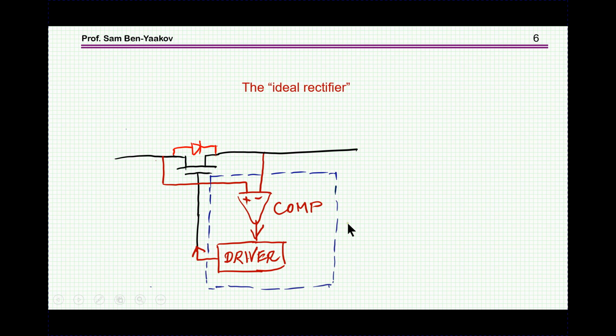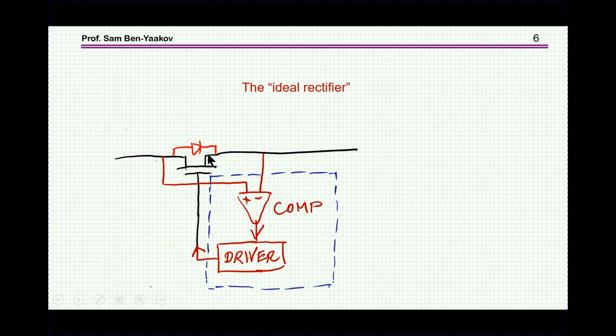The idea of the ideal rectifier is very similar to the synchronous rectifier, except that it does not need an external control. We have again a transistor, but we have now a comparator that looks at the voltage across this device, and when the voltage is in the forward polarity, that is, a little bit more positive on the anode than on the cathode side, then the driver will turn on the MOSFET, so that we are going to have here RDS on.